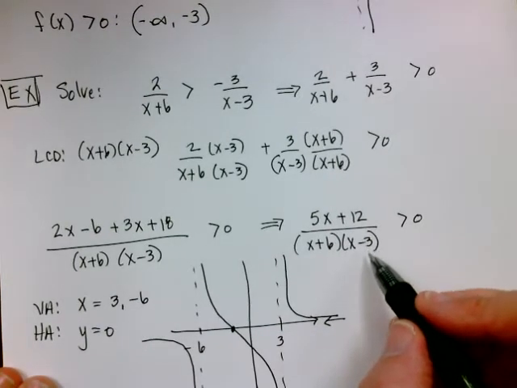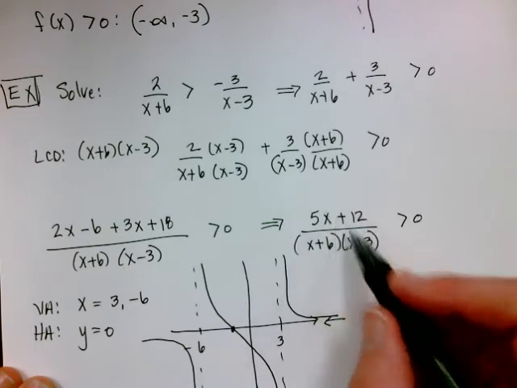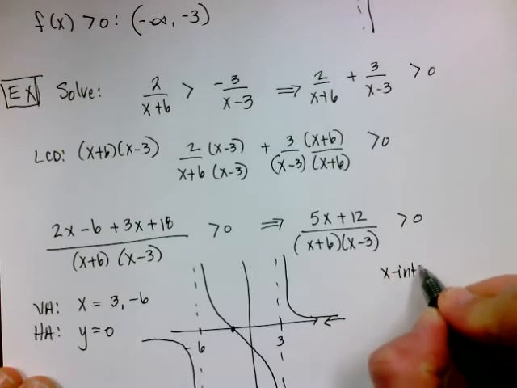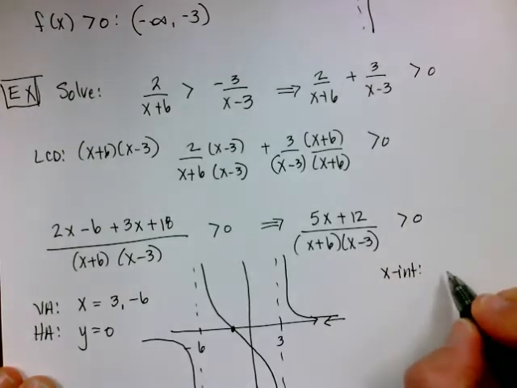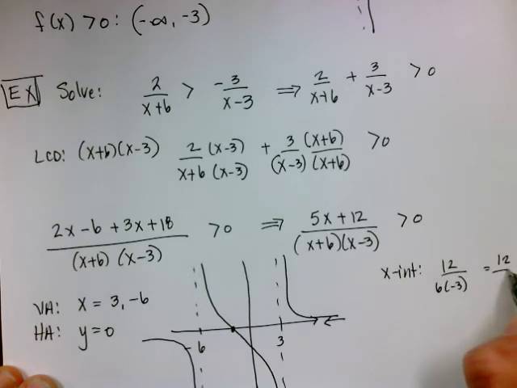So if I let x equal 0, I'm going to write my x intercept. I'm going to solve. So I get 12 over 6 times negative 3, which is 12 over, I think I did bad math in my notes, 18.